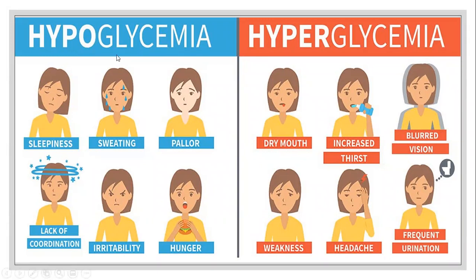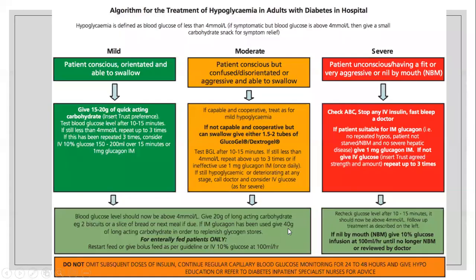A hypoglycemic patient has sleepiness, sweating, pallor, lack of coordination, irritability, and feeling of hunger. In hyperglycemia, we can see dry mouth, increased thirst, frequent urination, meaning polyuria, polyphagia, and polydipsia, blurred vision or difficulty with vision, headache, and weakness.